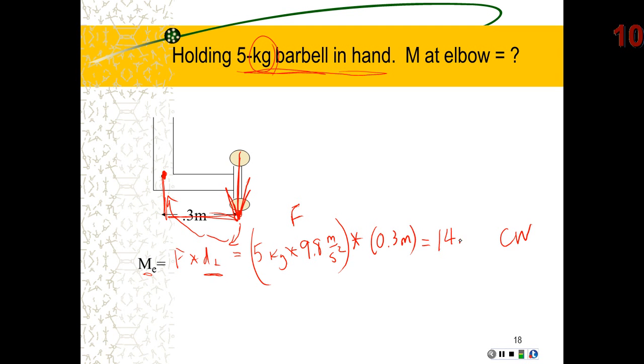You find that as a 14.7 Newton meter moment that is rotating in a clockwise direction. So we can write it either this way, or that's equivalent to writing a negative 14.7 Newton meter moment. Okay, so that's an external force that generates a moment.